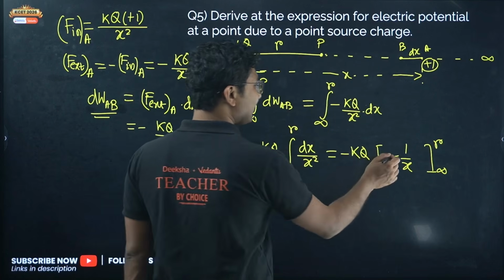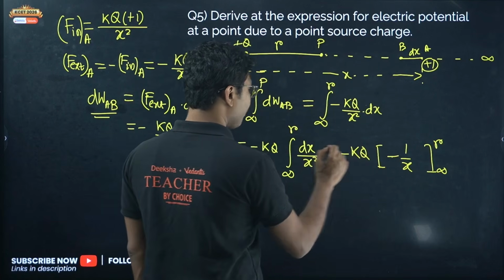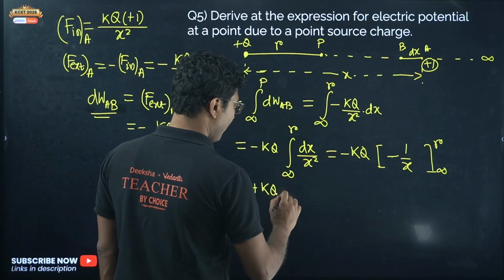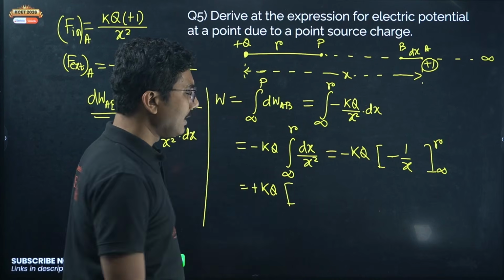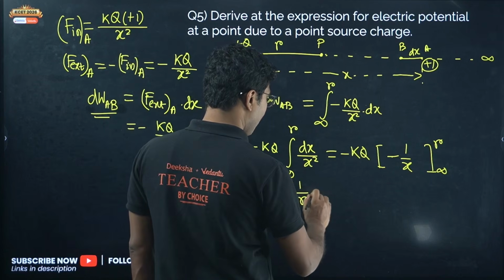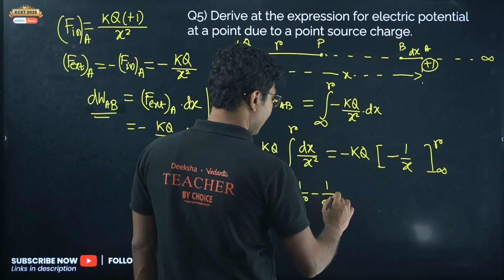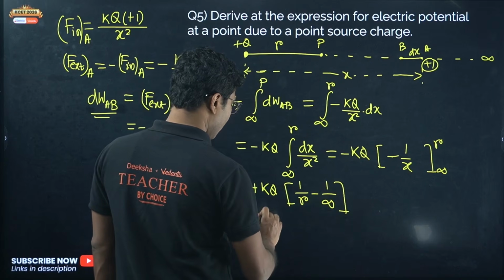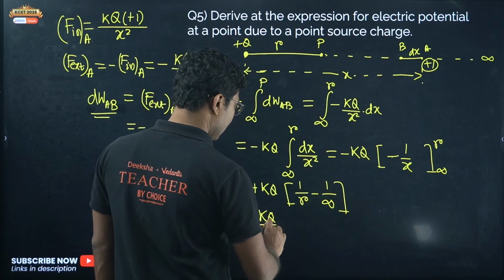Now this minus is common, so it can come out of the integration, and this becomes plus, and it becomes kq, and here we get 1 by r minus 1 by infinity, so that is equal to kq by r.